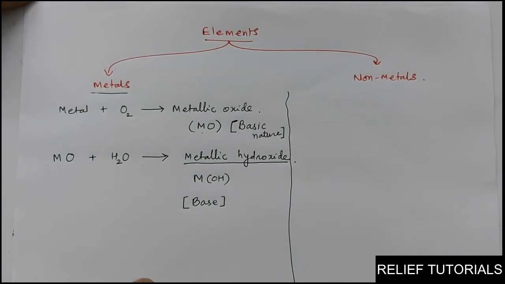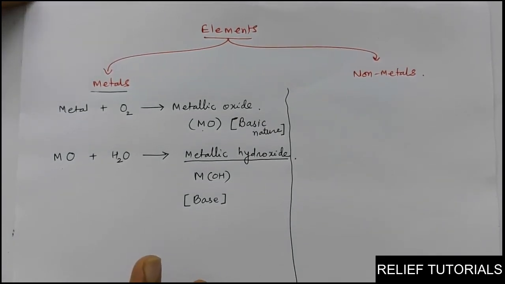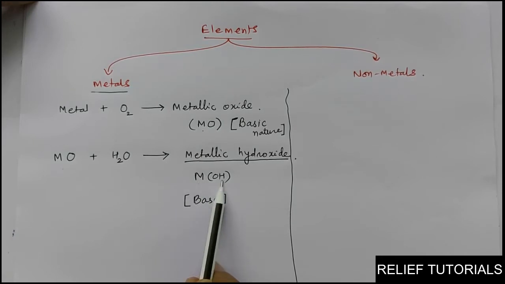This method of preparation of base or acid that we are going to discuss is useful for most of the bases. Most of the bases you will see are in this format, MOH. M for metal, any one of the metals: sodium hydroxide, magnesium hydroxide, calcium hydroxide.